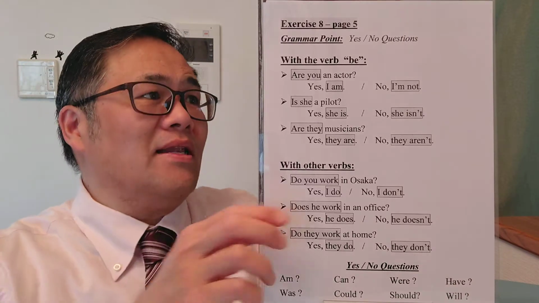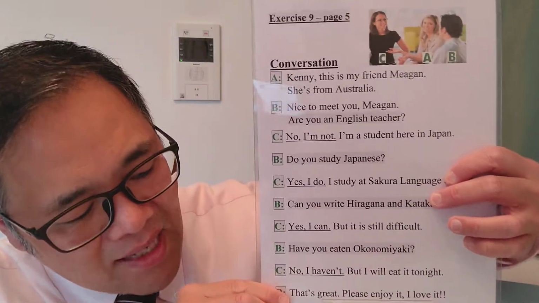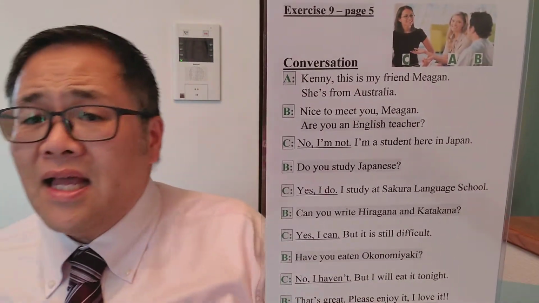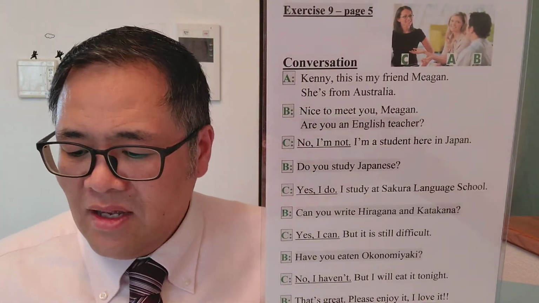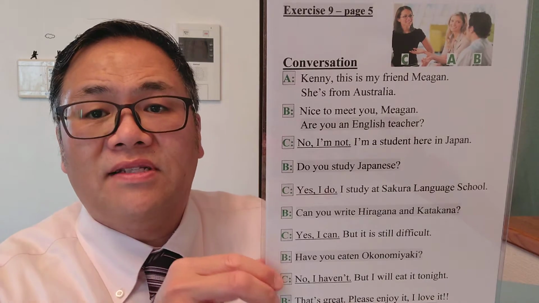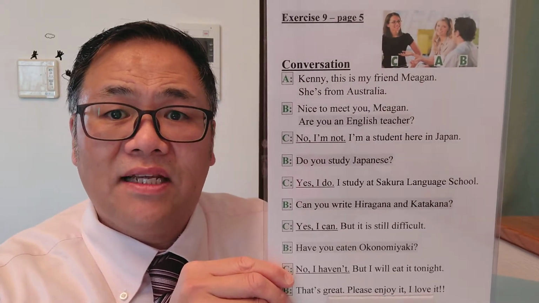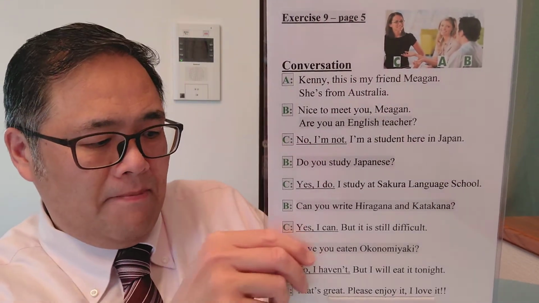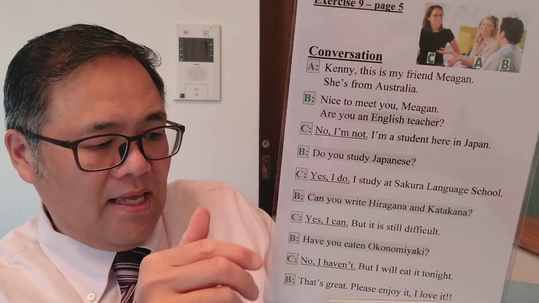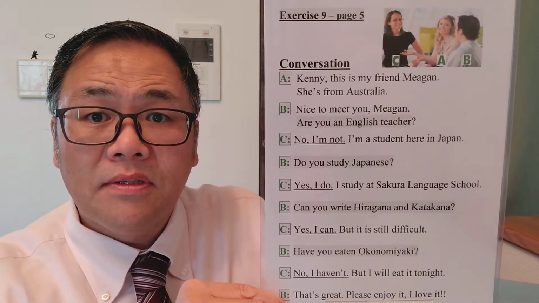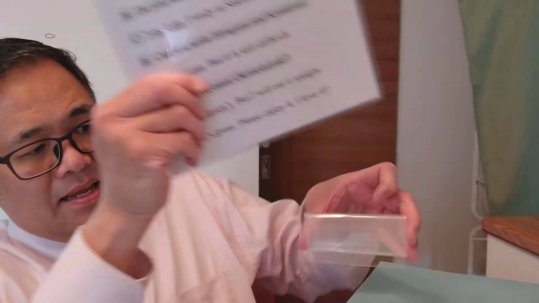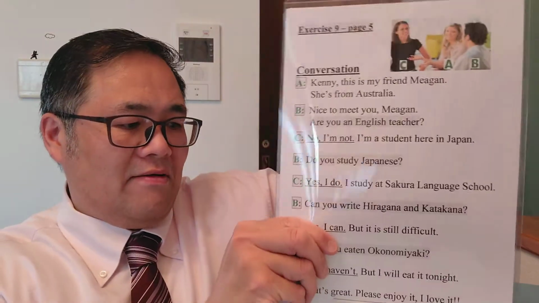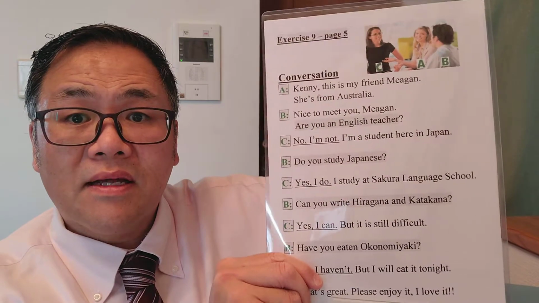Okay, moving on. Now we go to exercise 9. Exercise 9 is actually a conversation. I've made a conversation here. Let's have a look at the conversation together. Actually, maybe I should turn this the other way around.